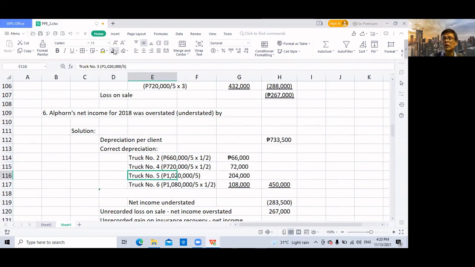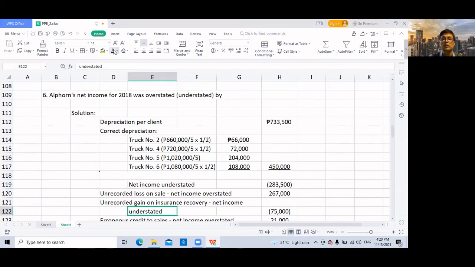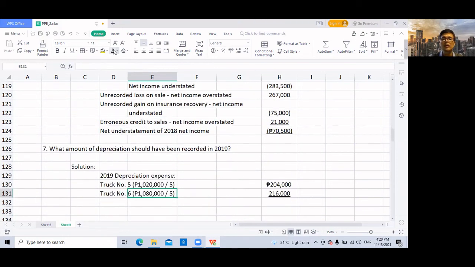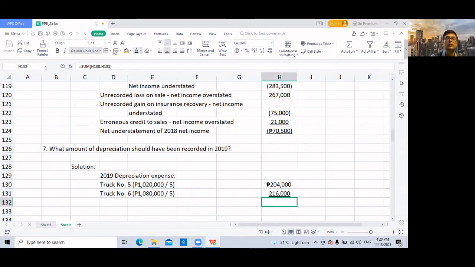And then number 5, na-acquire yan mas maaga, so that's why full depreciation siya. Since dito naman sa number 7, 2019 lang yung hinahanap, wala nang ibang assets except for truck number 5 and number 6. So just divide it by their useful life. So that's 420,000. This would be the total depreciation for 2019 that should have been recorded.